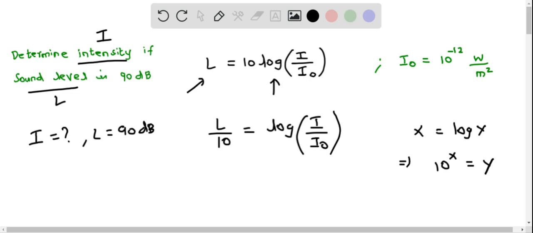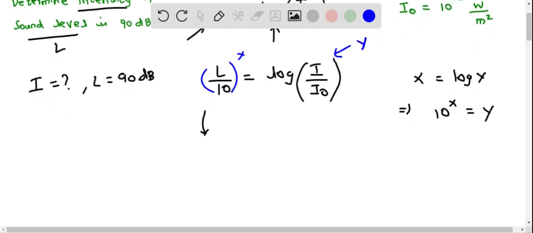This quantity, L over 10, is x, and this quantity I over I naught is y here. Therefore, we can rewrite this as 10 raised to the power of L over 10, and this equals y, which is I over I naught.